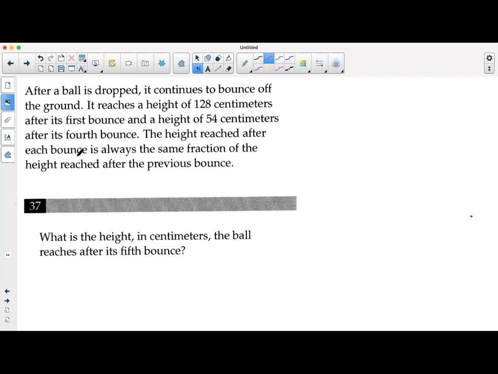The height it reaches after each bounce is the same fraction. So after the first bounce, that's 128. How about after the second? It'll be some sort of fraction. I don't know, so I'm going to call it x times 128. After the third is another same fractional portion of this.